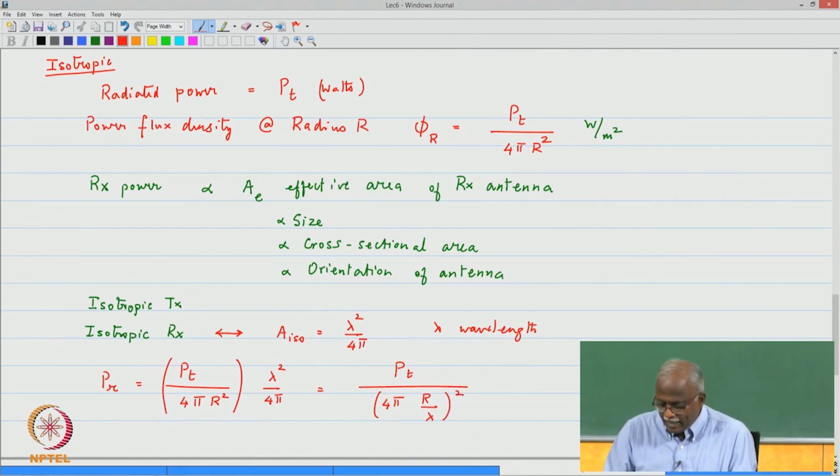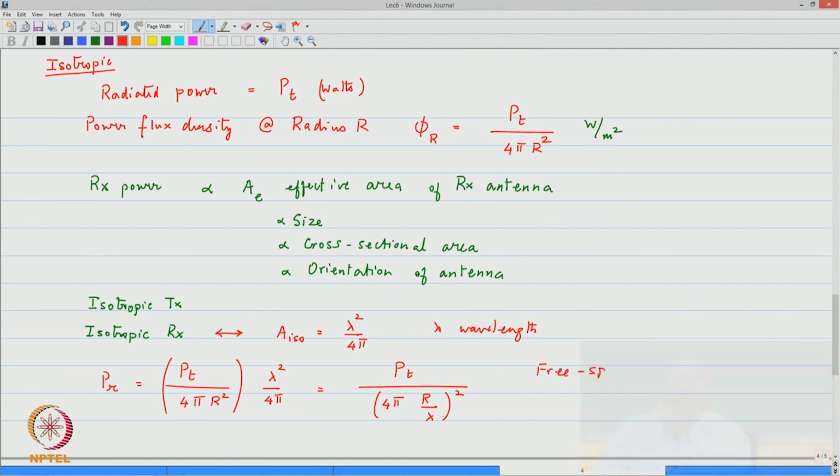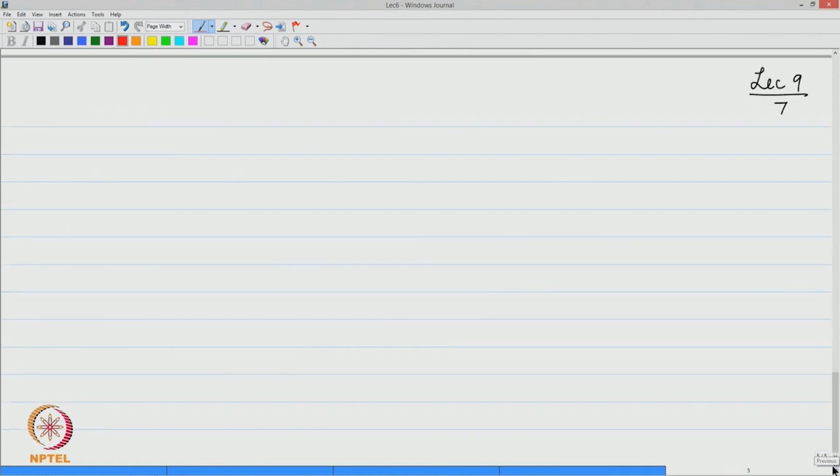Now, this is a very useful result, because this is what we refer to as free space propagation, where we have an isotropic transmitter, an isotropic receiver, and effectively line of sight transmission in free space between the transmitter and receiver. So, this is the free space model, and it also gives us a very useful form with which we can work.